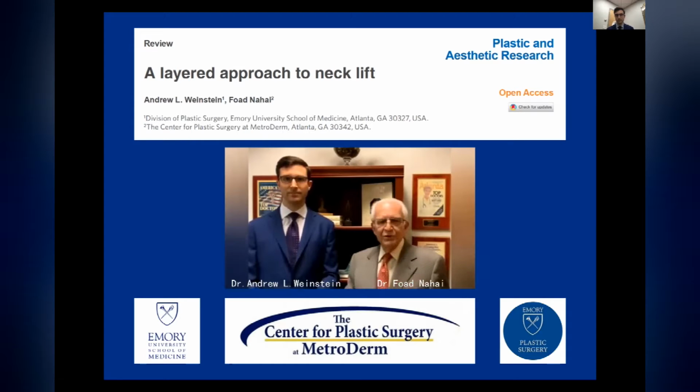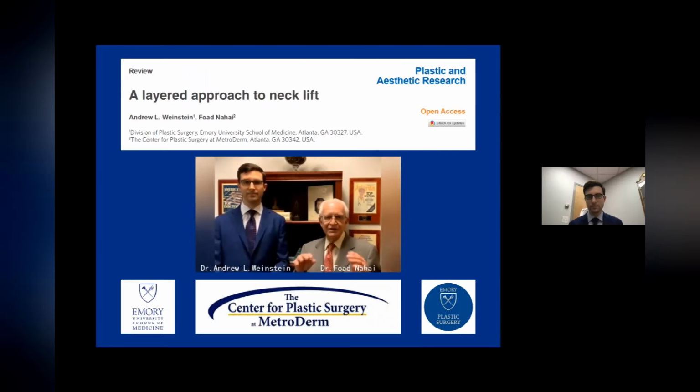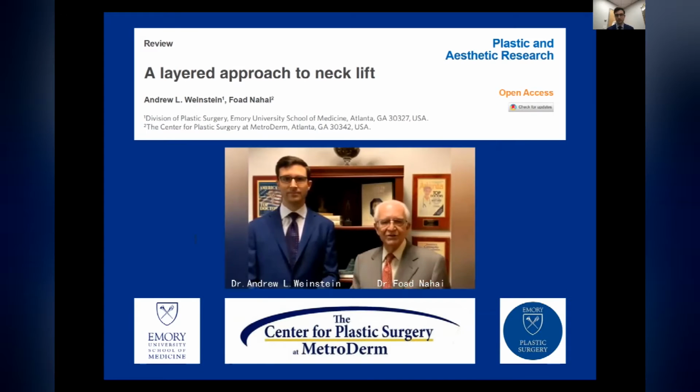And I also would like to emphasize that if I plan to operate deep to the platysma, I do that first and see if that has recontoured the neck sufficiently before working on the other 2 layers.